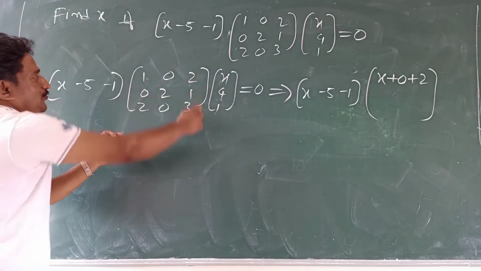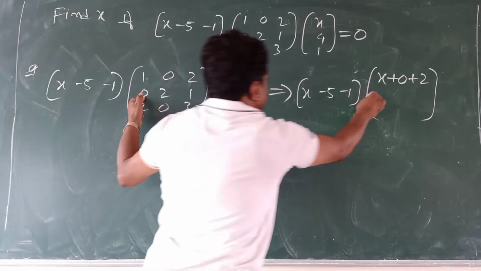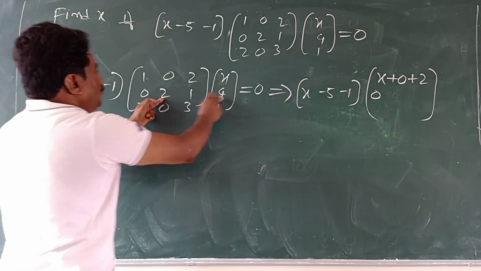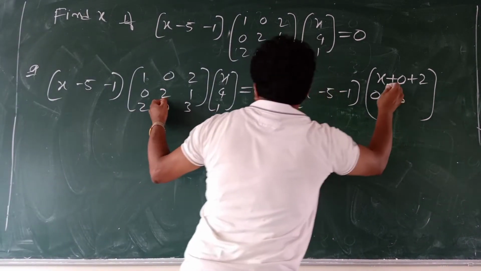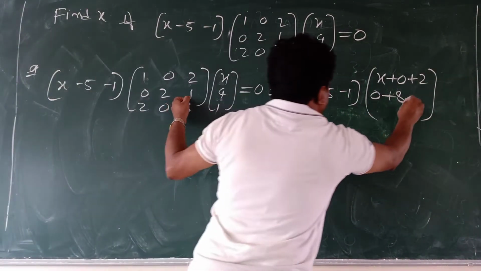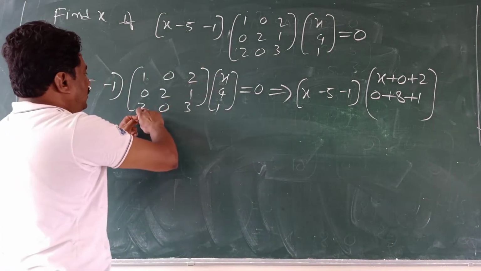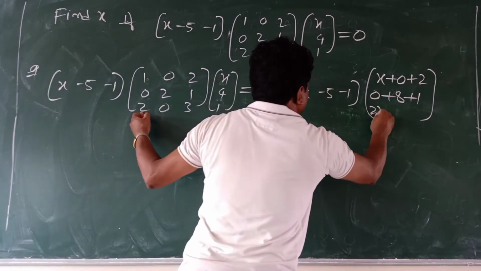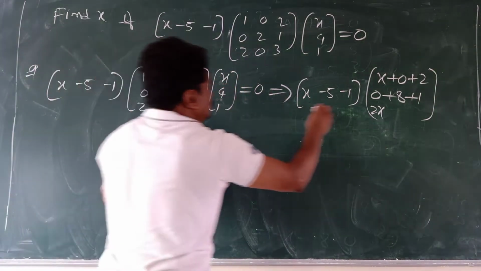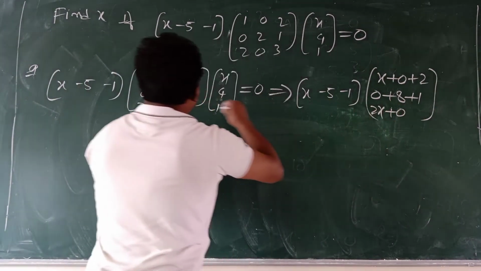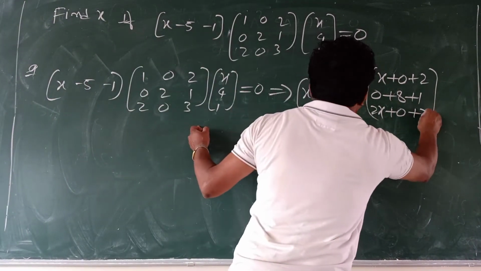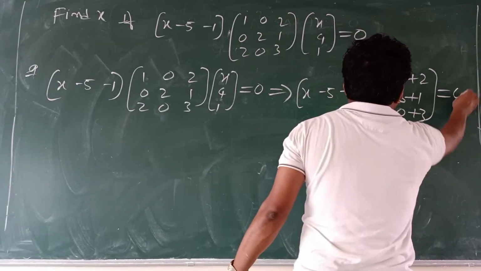Next, second row, first column, 0 into x, 0, 0, 2 4s are 8, plus 1 ones are 1. Next, third row, first column, 2 into x, 2x, plus 0, plus 3 ones are 3, is equal to O.